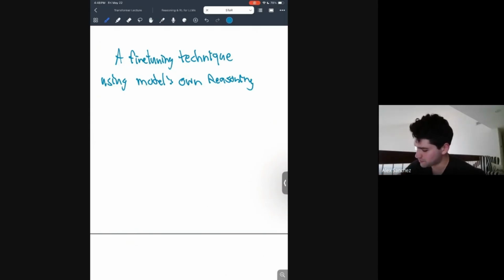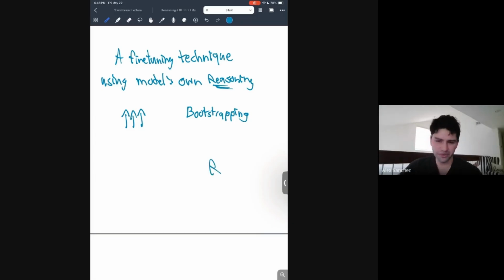And this, in theory, and now in practice, increased the reasoning capabilities of the model after being fine-tuned on a data set created by its own reasoning. And thus, that's what they mean by bootstrapping reasoning with reasoning. It's like you have original reasoning and you want to create better reasoning. You just add more reasoning to this data set.